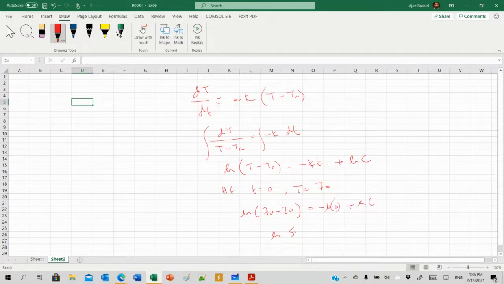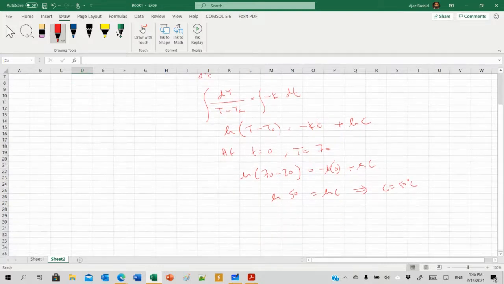So ln 50 is equal to ln c, so c is 50 degrees Celsius. I could put it back in the equation, so ln(T minus TA) equal to minus kt plus ln 50.